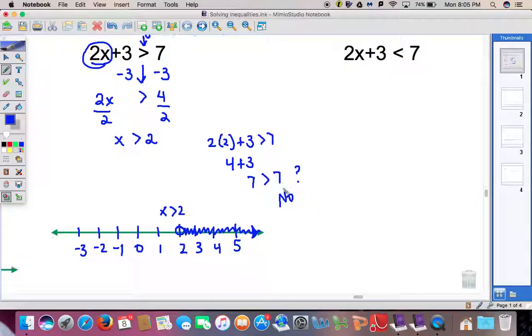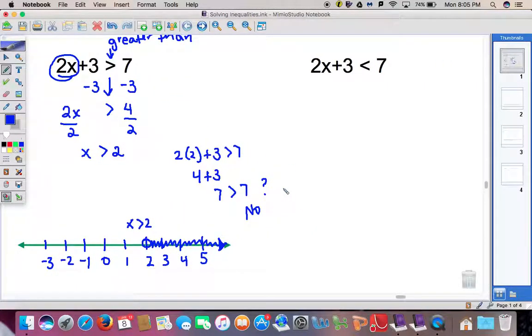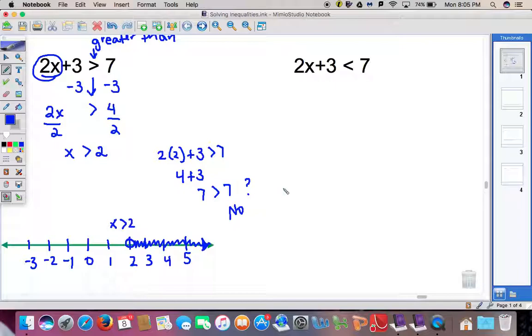We've got 2x plus 3 is less than 7. We're going to solve this the exact same way again. We start by subtracting 3 from each side. When we do that, we've got 2x, and we bring down that symbol, is less than 4. Then we divide both sides by 2, and we get that x is less than 2.